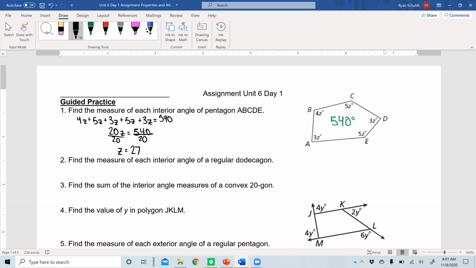So I'm going to go over here and say, okay, well, what is 4 times 27? 4 times 27 is 108. So that means this angle is 108 right here.